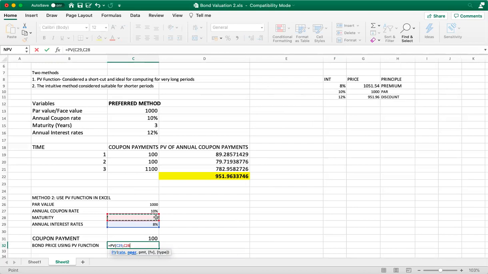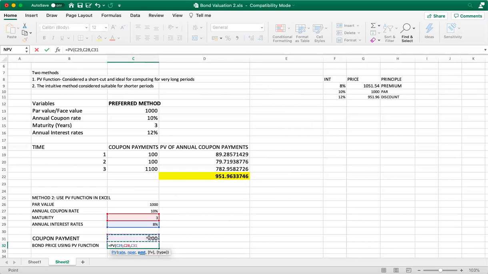Then what is the next item? The next item, after the number of periods, is the payment. What is the payment? The coupon payment is 100. So you put 100.